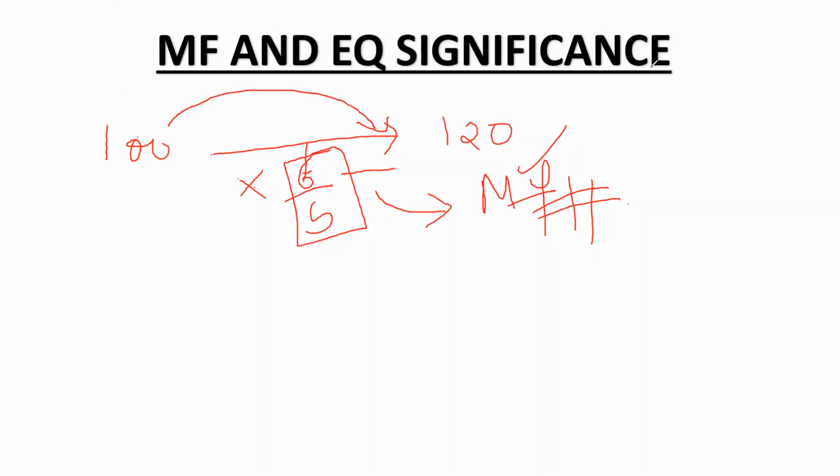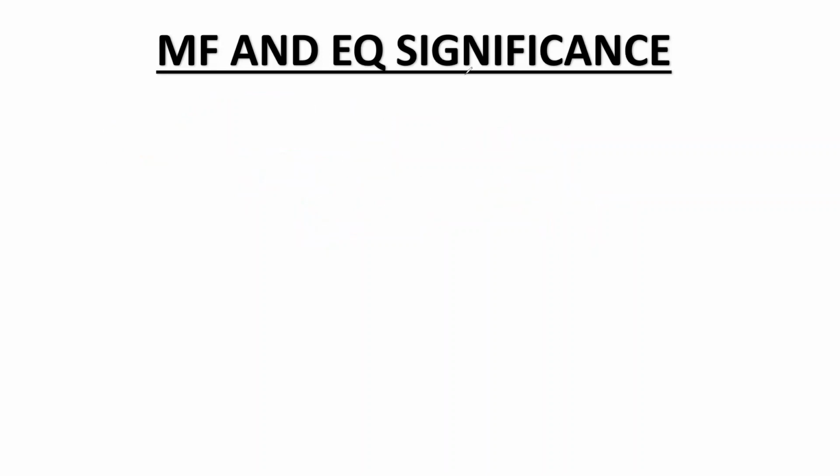Now how did we get this? We cannot mug up all the multiplying factors to change this into that. You had 100, you converted it into 120. The multiplying factor was 6 by 5. So can 6 by 5 be written as 120 by 100?